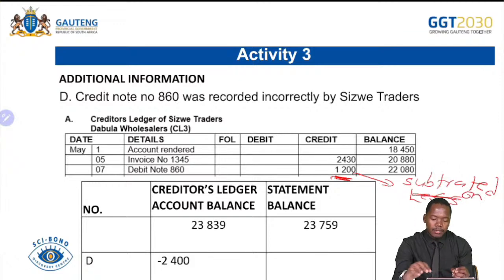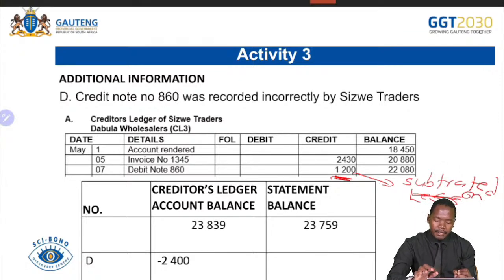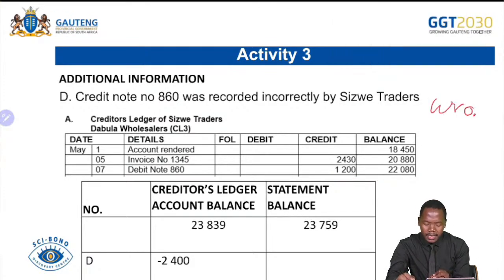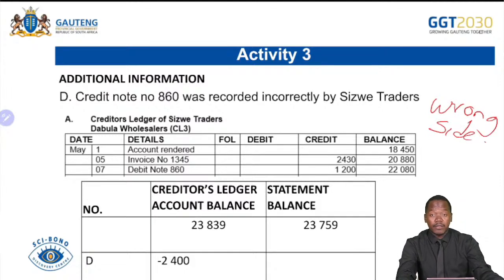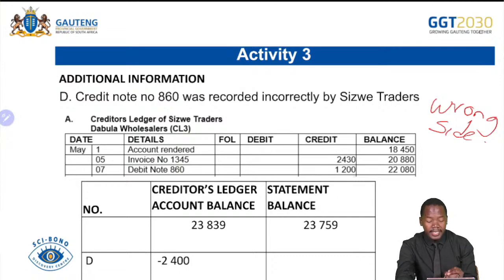So if you can just look at this, this is an amount recorded on the wrong side. Now, remember, grade 12, what we said earlier, we said all returns should be shown on the debit side. Now, we have recorded this return as an invoice. We have shown it on the credit side. How do we rectify it?